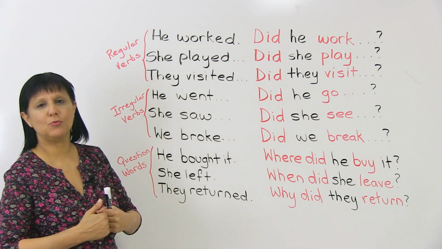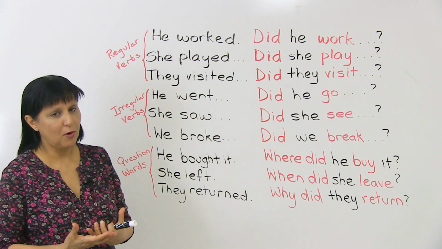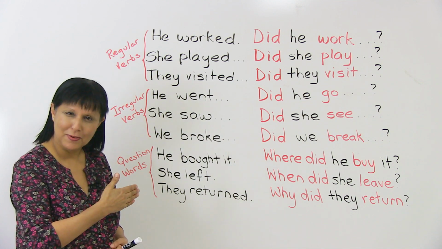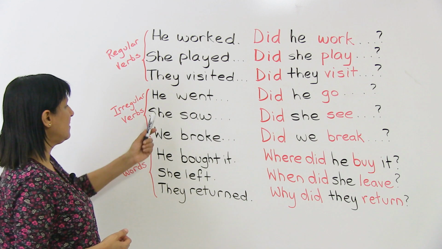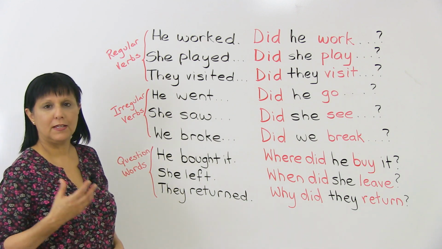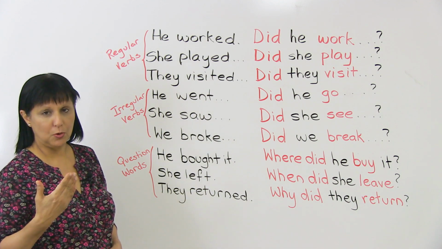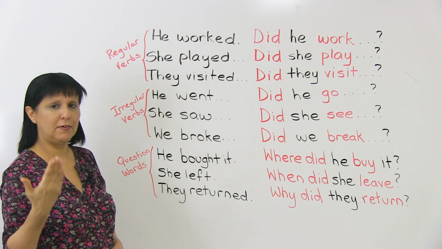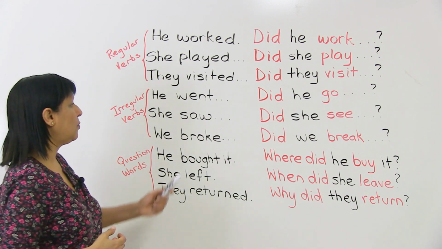Now, what happens when we have irregular verbs? Well, you have to learn a little bit more. First, you have to learn what is the past tense form to use with those irregular verbs. So, for example, in this one, the verb itself is the verb go. I go, or let's say he goes. But in the past, you have to know that the past tense form of go is went.